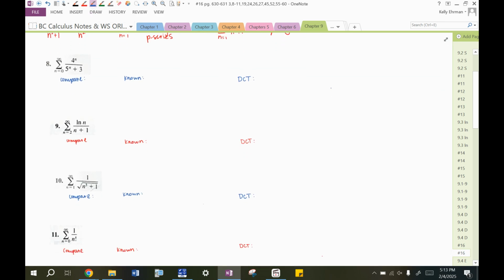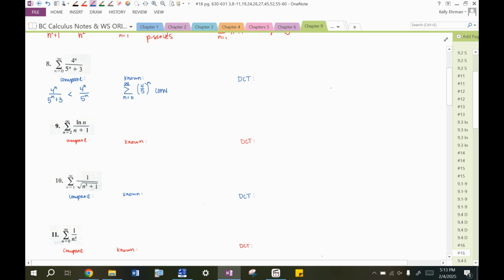All right. For this next one, we are looking at 4 to the n over 5 to the n plus 3. So again, I'm just going to cut off that extra term that's being added. This fraction has a slightly bigger denominator, so it's overall smaller. And we do know about the series from 0 to infinity of, let's make this (4/5) to the n, so it's a little more obvious what this is.